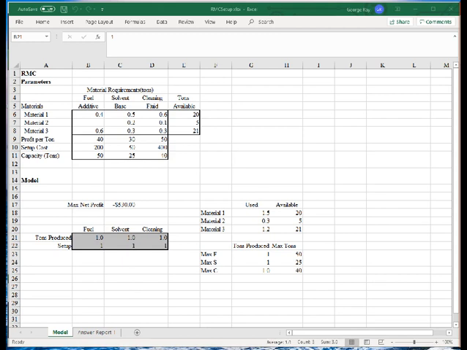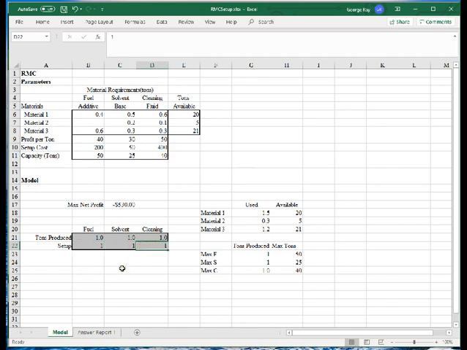However, there's a fixed cost for setting up. It's called the setup cost for each one, and we see those setup costs here under the setup cost, and that vector is B10 through D10. Now, we represent those possibilities for the setup costs here.